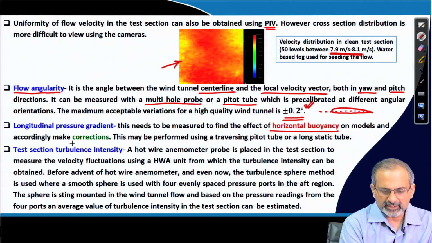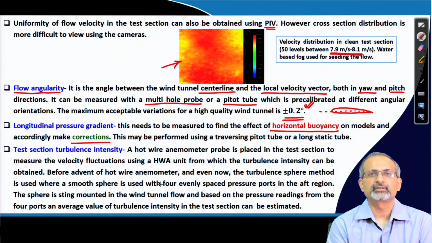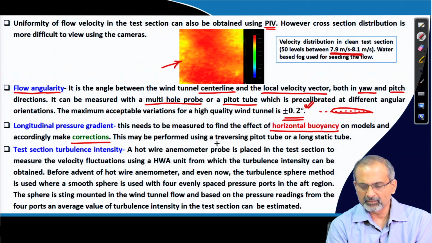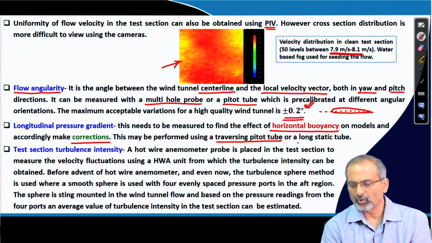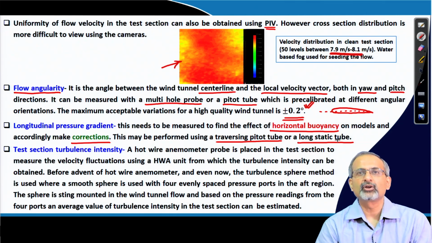Now, such corrections also have to be implemented in the data that you get out of such a measurement. It can be done by traversing the pitot tube or by using a long static tube with static pressure rings located along the length of the tube.